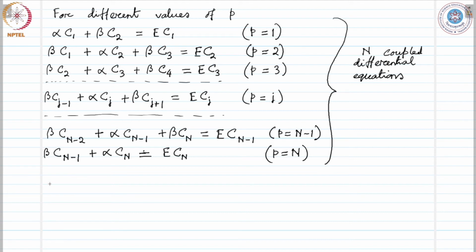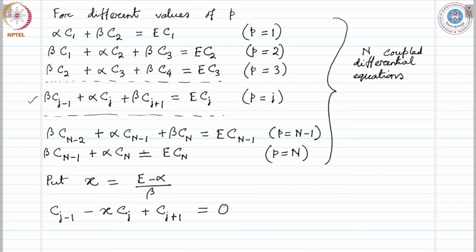Now if we substitute the quantity E minus alpha over beta with the parameter x, then the jth equation can be written as Cj minus 1 minus x Cj plus Cj plus 1 equals 0. This is what we obtain.